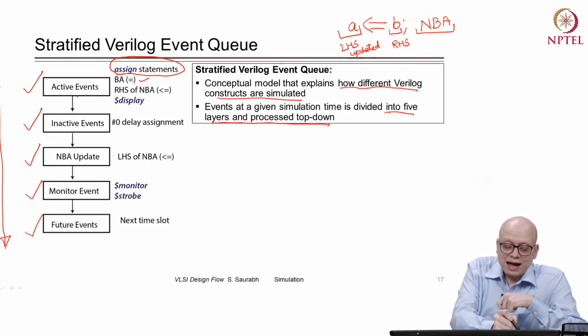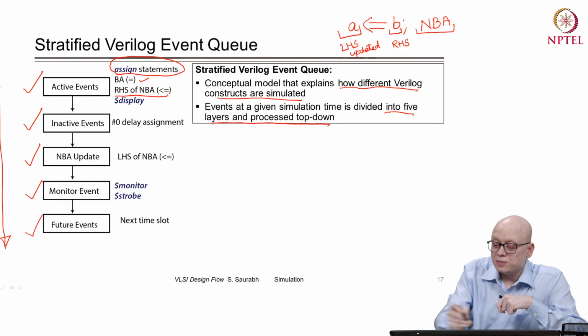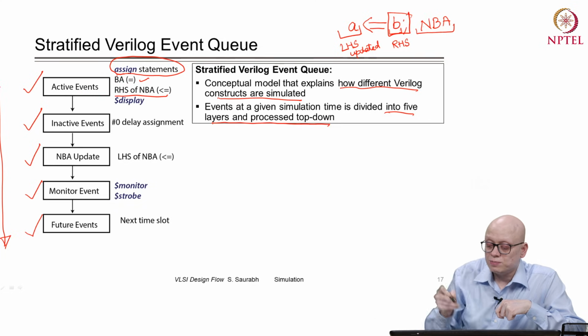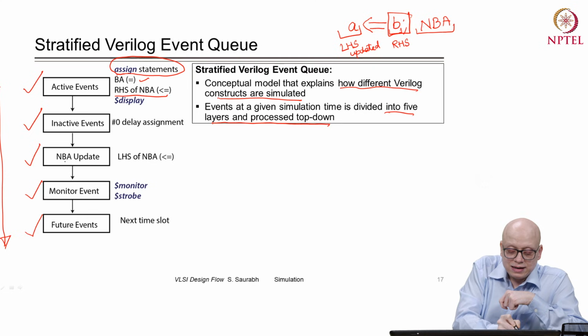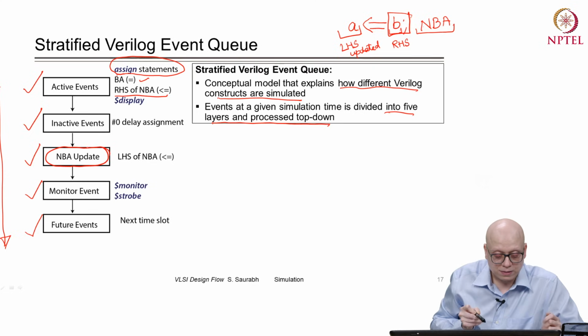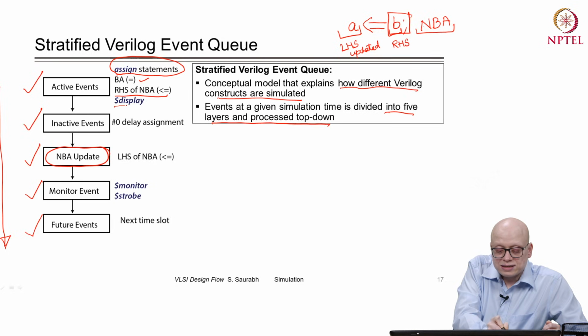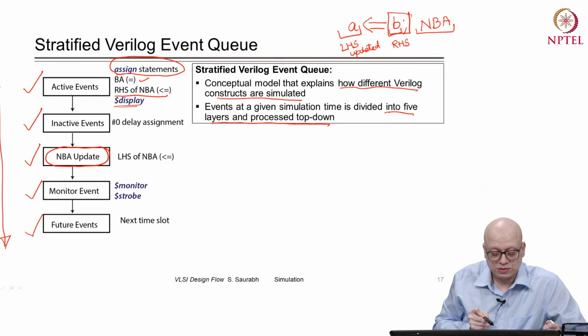So, in the active event queue we only put the RHS of the NBA, and the LHS of the non-blocking assignment is put in a lower layer in the stratified Verilog event queue. This is processed later on, and the $display statement is in the active events queue.